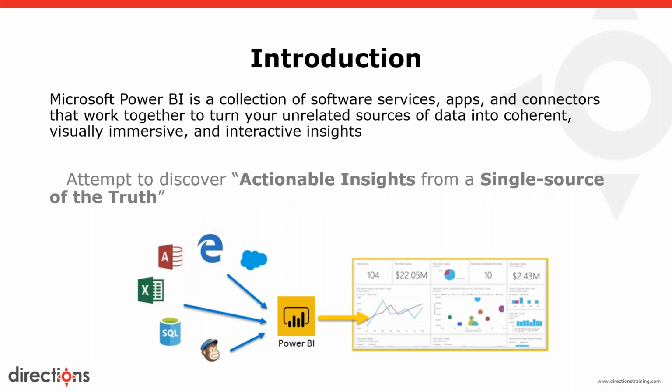So we'll go into Power BI, and in the middle of the screen, this is what we're looking to find. These are Microsoft's definitions. I'm looking for an actionable insight. What does that mean? I'm looking at huge amounts of data as a human, and I can't even conceive of what it all means.